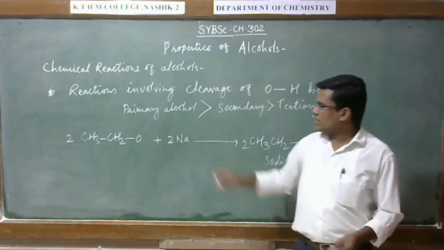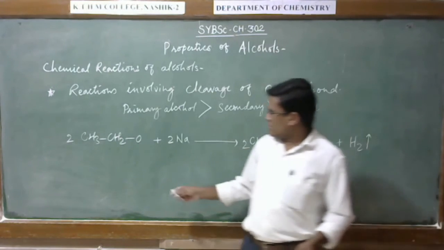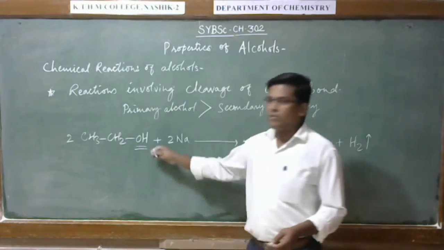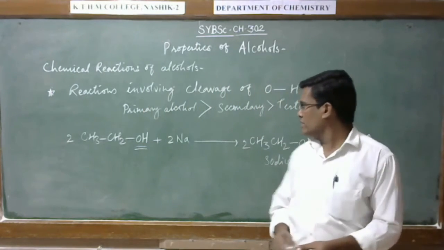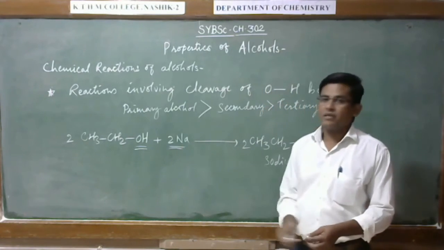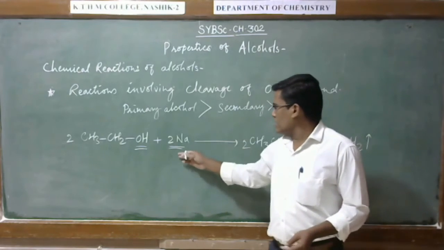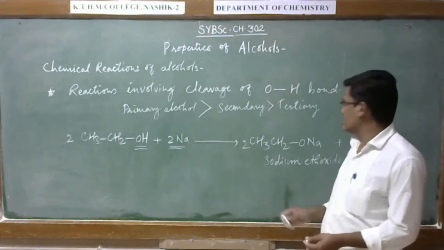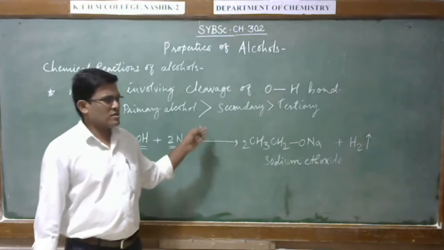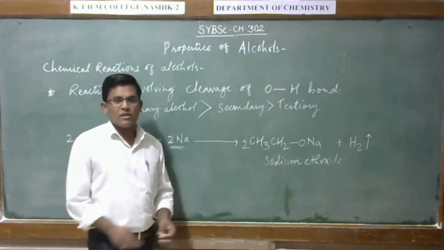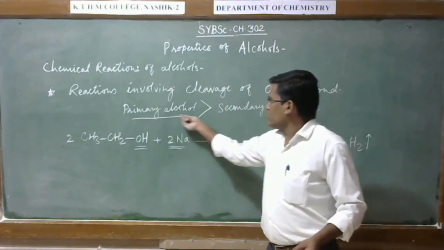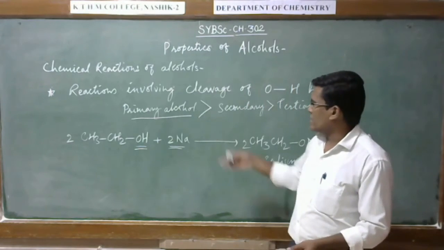In this reaction there is a cleavage of the O-H bond. When an alkali metal reacts with ethanol, it gives sodium ethoxide along with hydrogen gas. In primary alcohol this reaction rate is more.